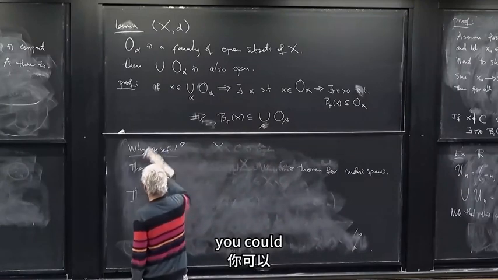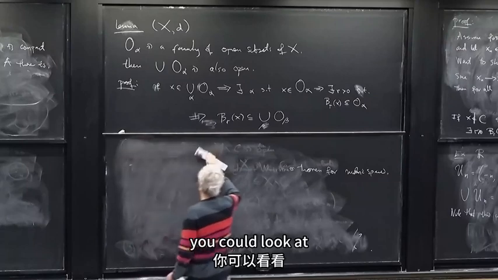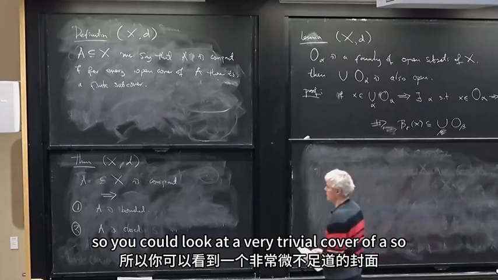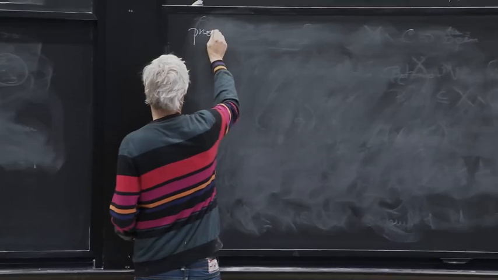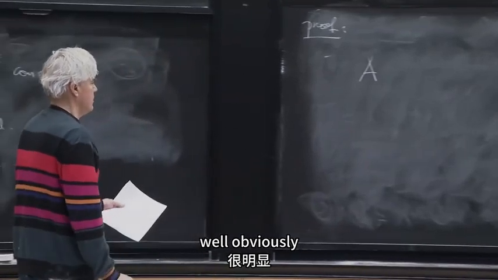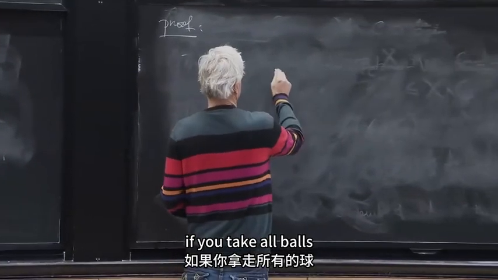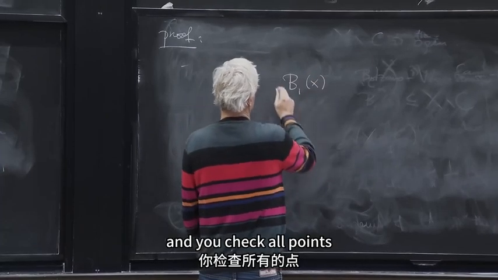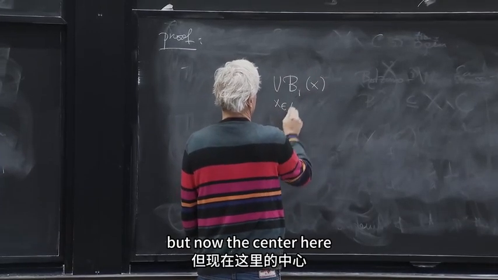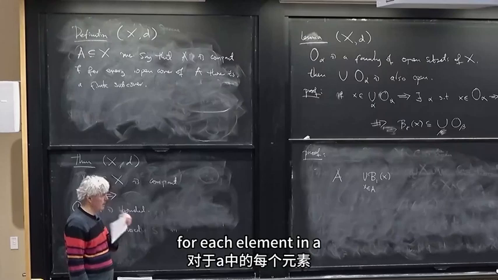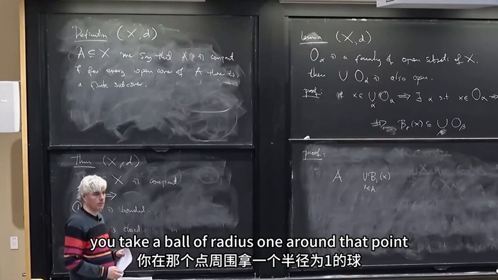You could look at a very trivial cover of A. Obviously, if you take all balls with radius 1, where the center could be anything in A, for each element in A you take a ball of radius 1 around that point.